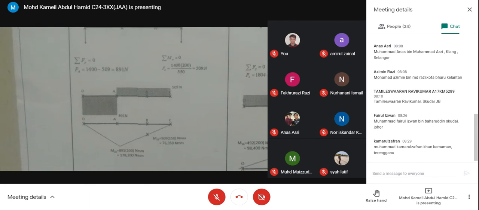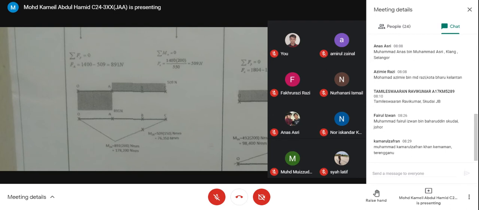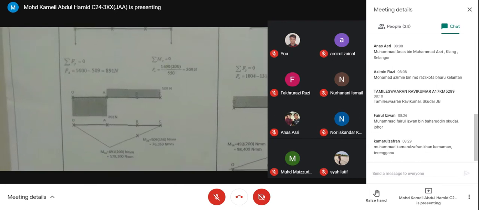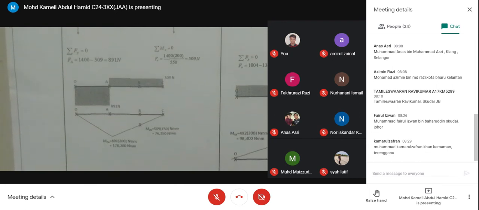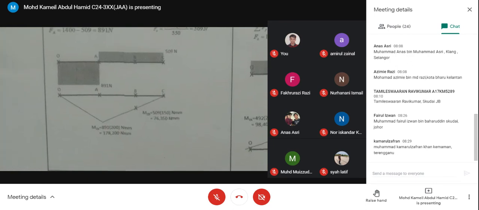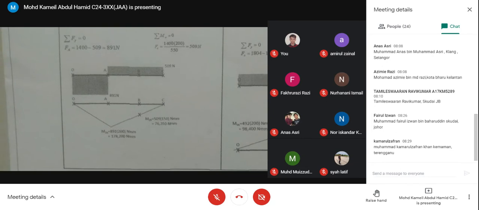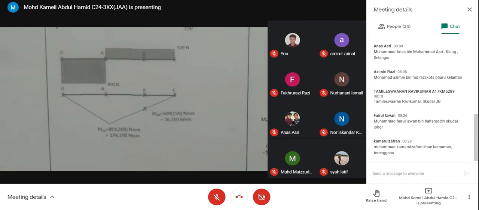And then calculate moment at point A. Moment at point A, draw the moment diagram. So just take 891 times the distance OA. Distance OA is 200. So you get that MZA. It is written there, MZA. See?